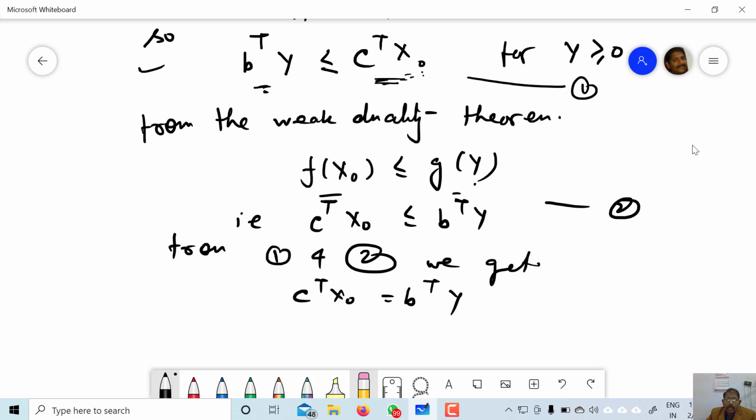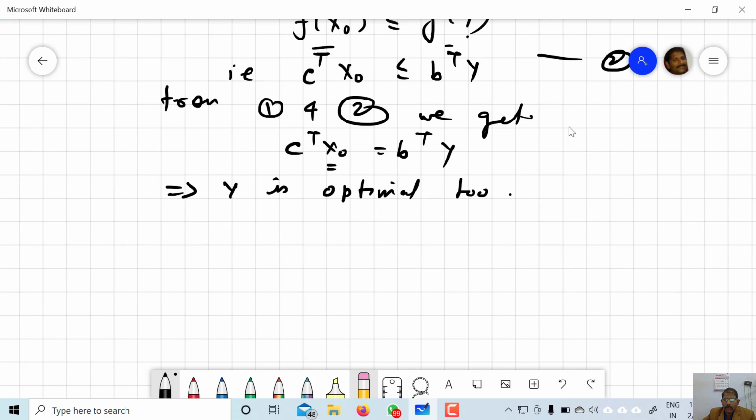But we have supposed that x0 was the optimal solution, and therefore y should be the optimal solution also. So this implies that y is optimal too. In this way this theorem is proved again.